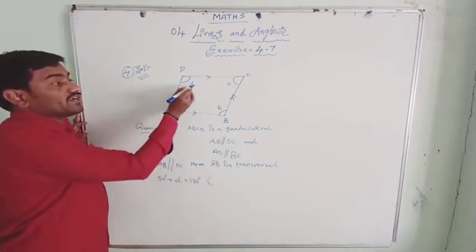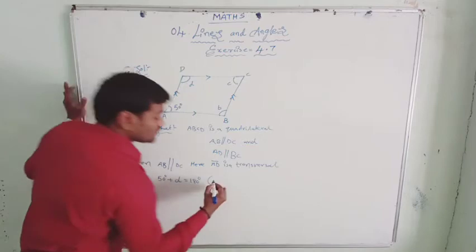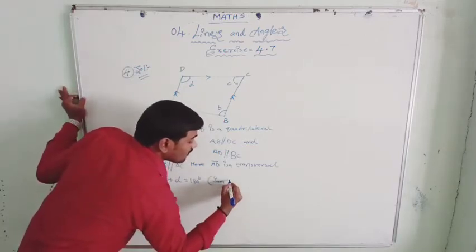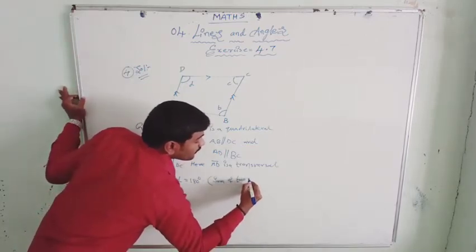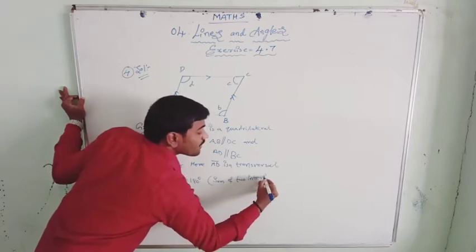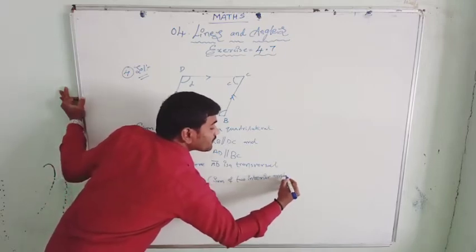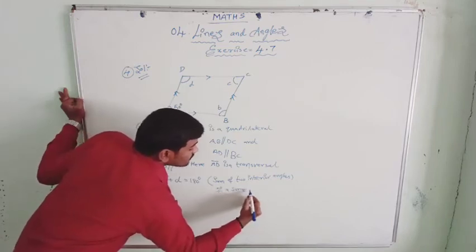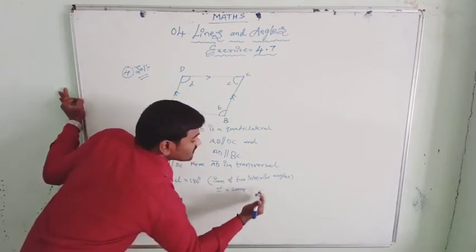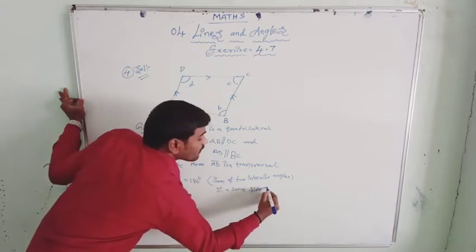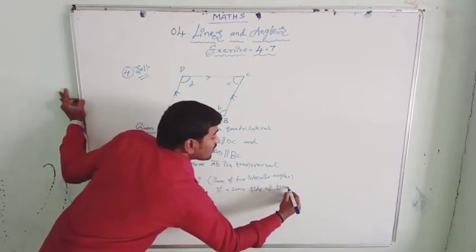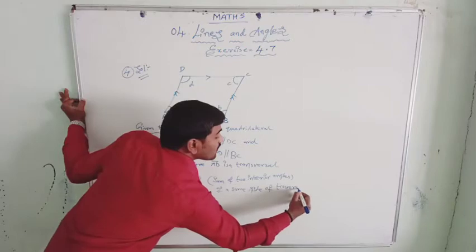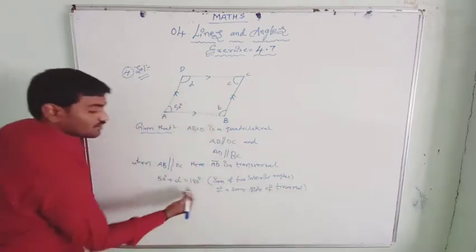The sum of 2 interior angles on the same side of a transversal is equal to 180 degrees.